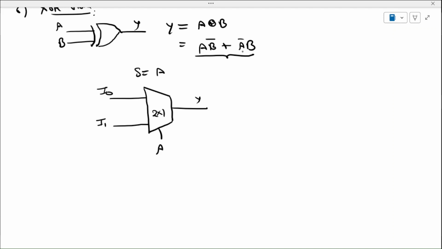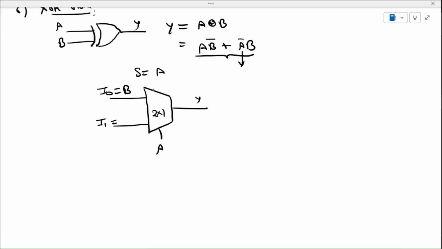So A B bar and A bar B. In which case A bar comes when A is 0. At I0, what I can do, I0 will be my B. And in which case the A will be transferred when select line is 1. So when A is 1, this A will be transferred.